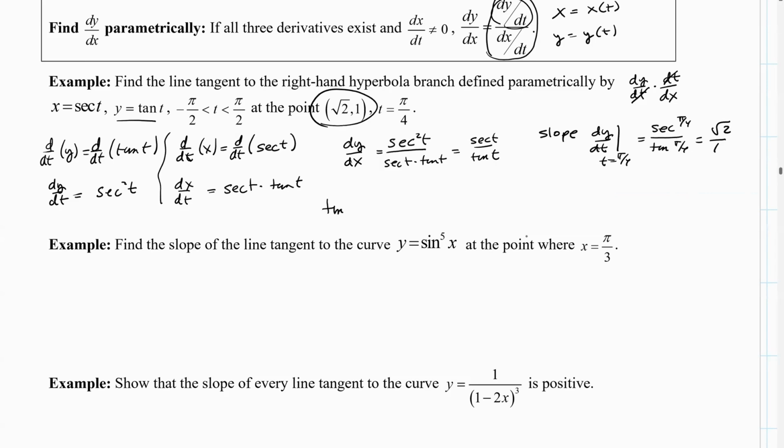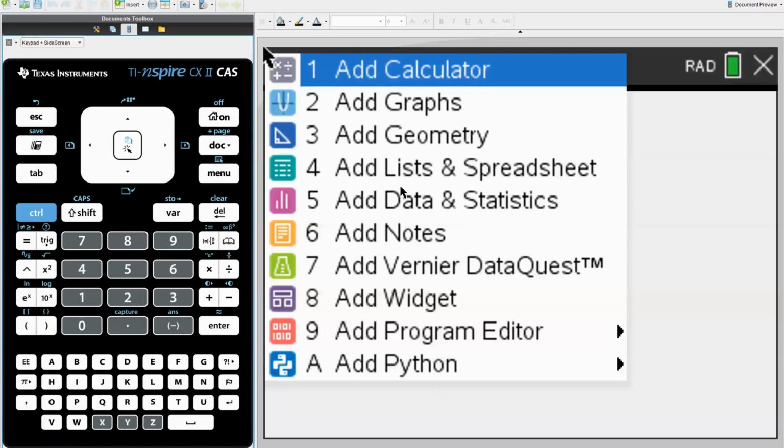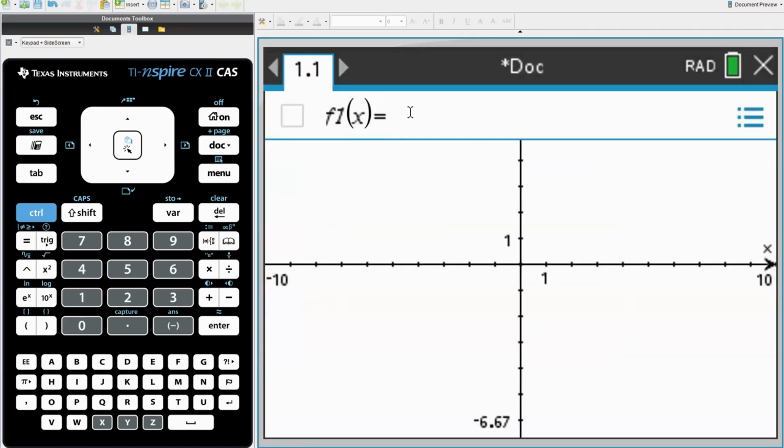So our tangent line will be y equals y1. There's y1, it's 1, plus root 2, the slope, times x minus root 2. Well, let's see if indeed graphically this looks correct. I've got my calculator handy. I'm going to go to graphing mode.